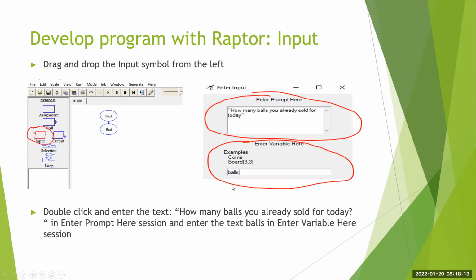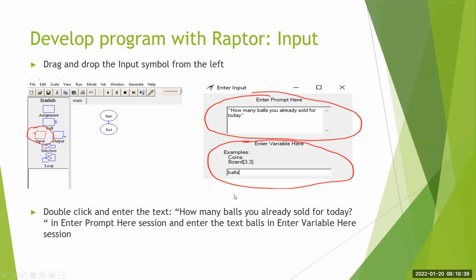Every input in Raptor has a prompt that tells the user what he has to do. The second one is the variable, which is a variable name. It depends on the end user. If he enters the number 10, the variable ball stores the value 10. And if he enters the number 5, the variable ball stores the value 5.